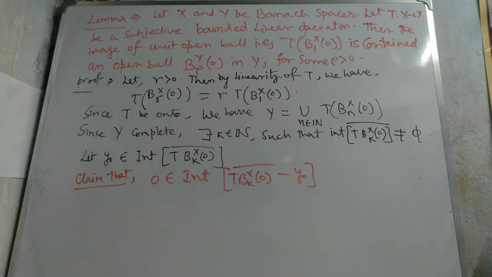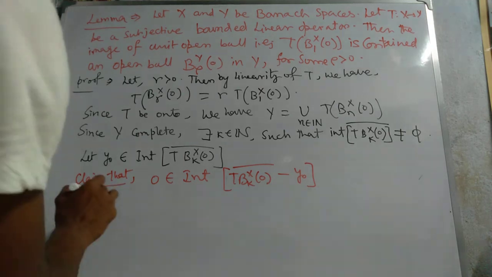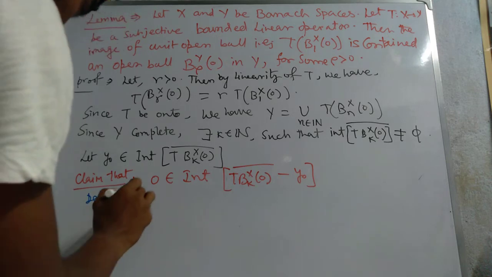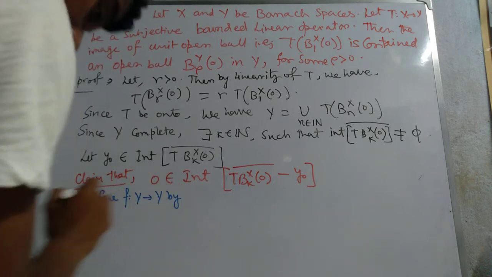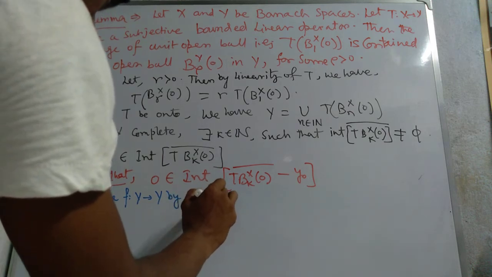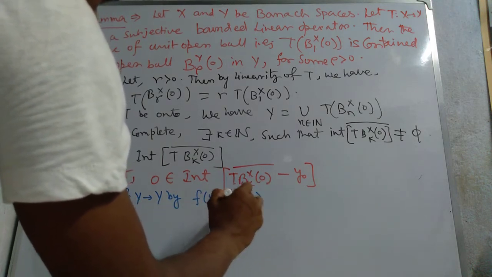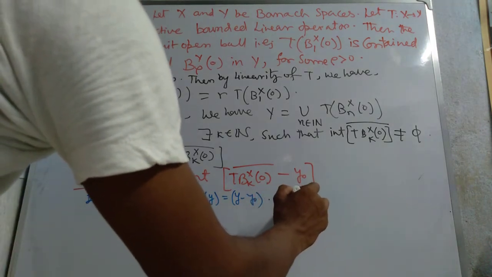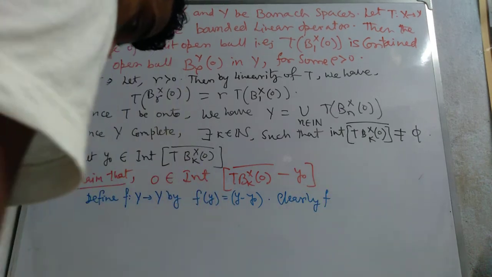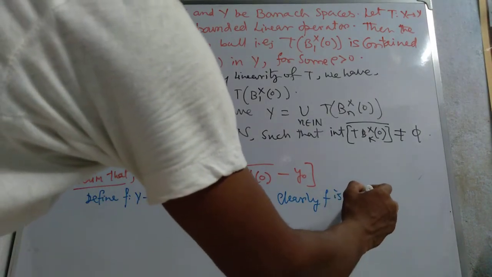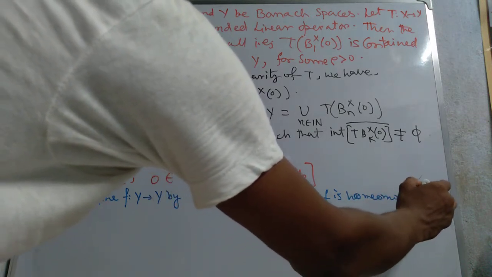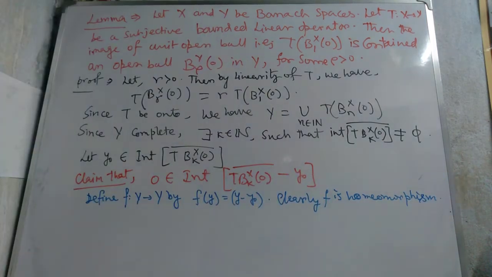Now define f: Y → Y, f(y) = y − y0. Clearly f is a homeomorphism.